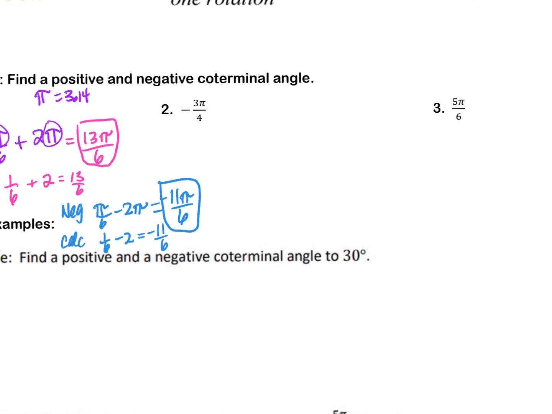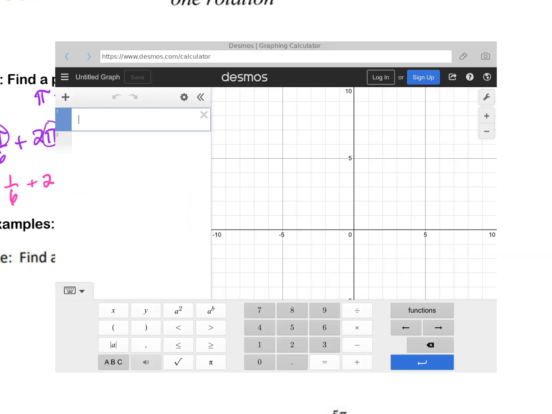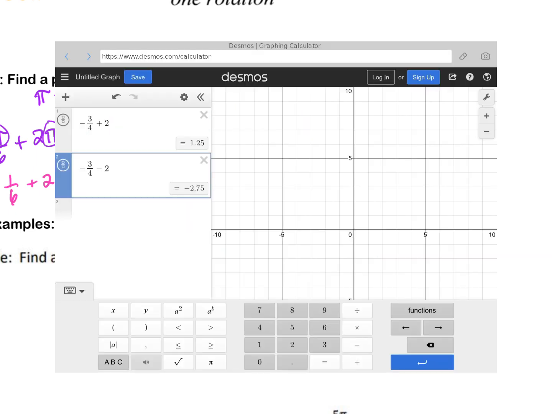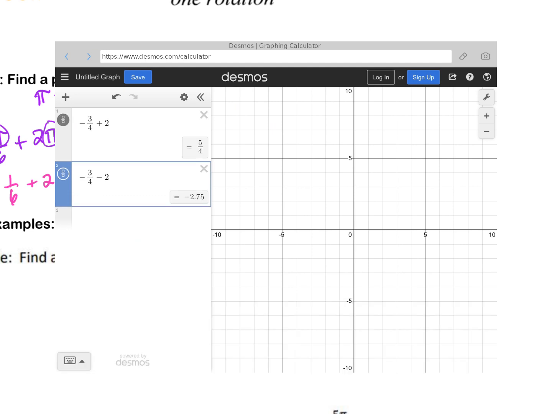So again, right here, you're going to have the positive one. And the positive is going to be negative 3 pi over 4 plus 2 pi. So on the calculator, you're going to put negative 3 over 4 plus 2. And then we put the pi back in once we get that. Okay, so right here, we're going to do negative 3 over 4 plus 2.